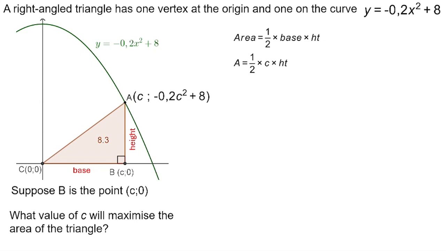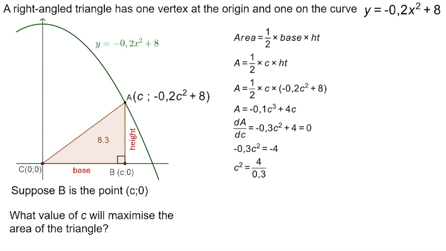So now we know the height, because the height is just the y value of that point A. And now we have an expression for the area which only involves one variable. We can differentiate it, equate it to 0, and solve, and we get the maximum area of 9,74, and that happens when C is at about 3,65, as we saw earlier.